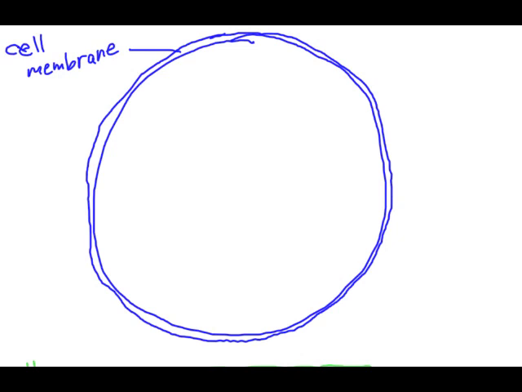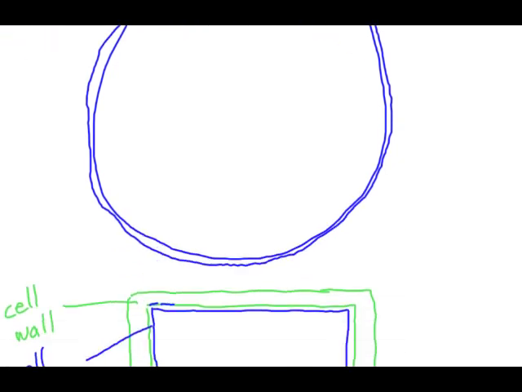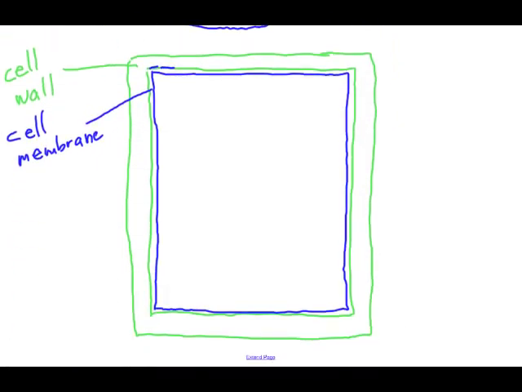So the next part that we're going to look at with both cells is really everything on the inside, right? All this inner space here is where we will house all the organelles. Think of it almost like a swimming pool.